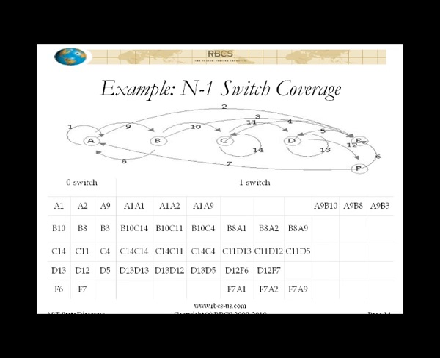Okay? So here you see, this is the A row, B row, C row, D row, F row. Now you might be saying, well, what happened to the E row? Well, the E row has no outbound transitions.